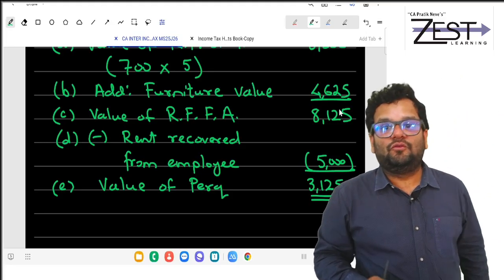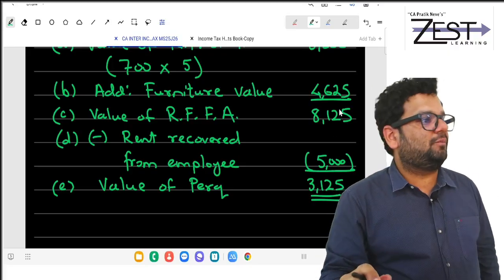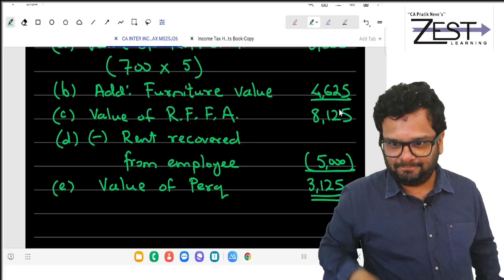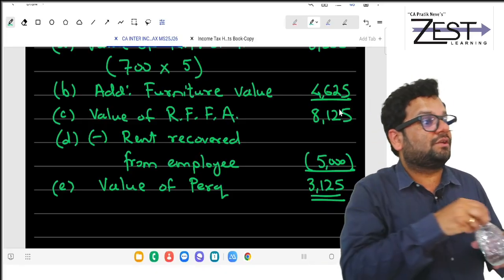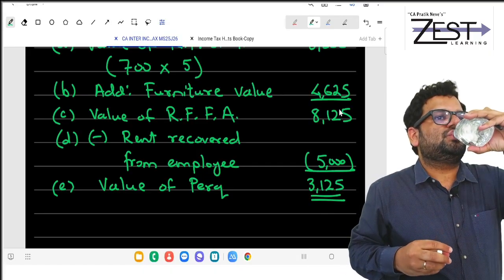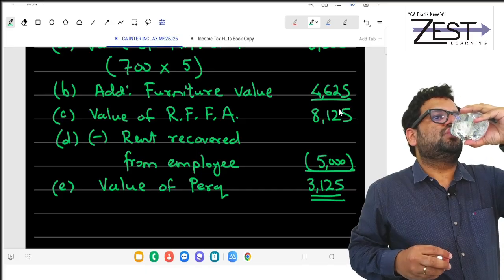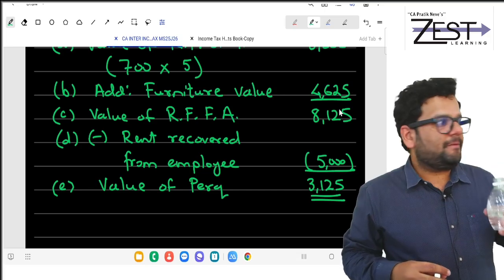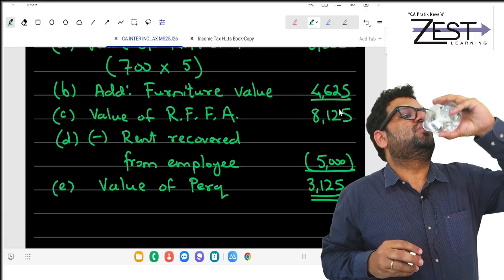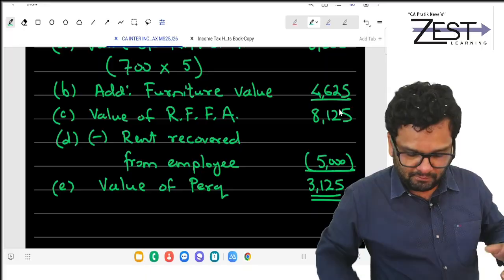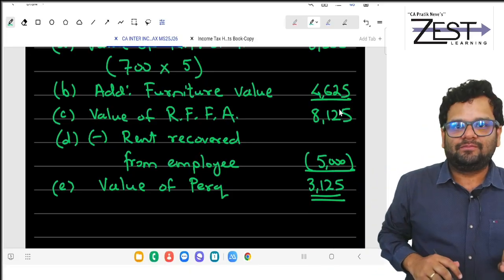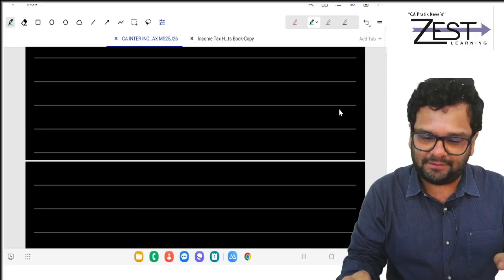Understood? Write one special point and then we'll conclude this session. Unique cases can happen, right?